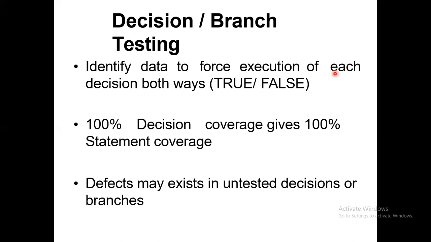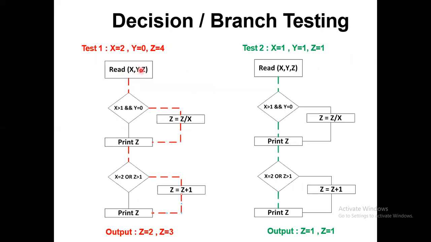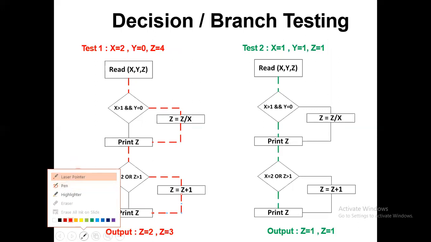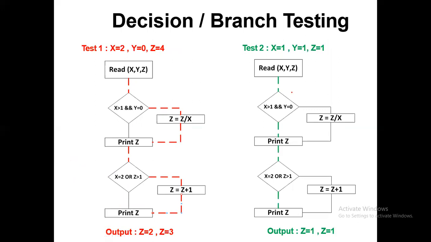Right? So when you are doing 100% decision coverage, it will give 100% statement coverage also, right? It's because I have covered all true paths here, then again all false paths here. So if I draw it something like this, this path is also completed.